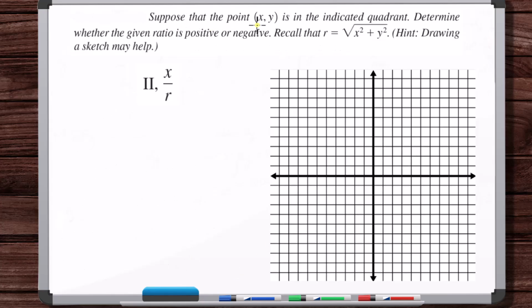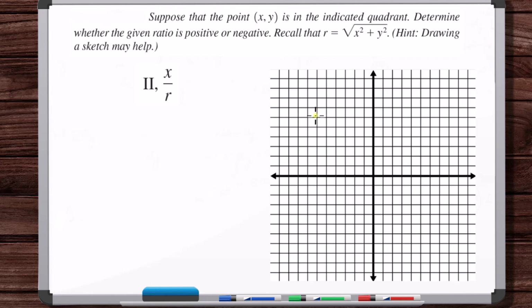Suppose that the point x, y is in the indicated quadrant. Determine whether the given ratio is positive or negative. For each of these problems, we're given a quadrant and a ratio, and we want to determine whether the ratio is positive or negative. R is always positive, so it's just a matter of determining whether x is positive or negative.